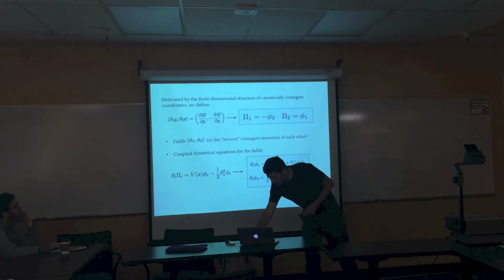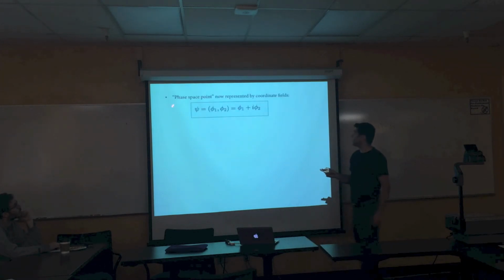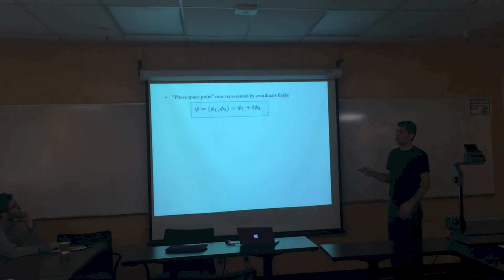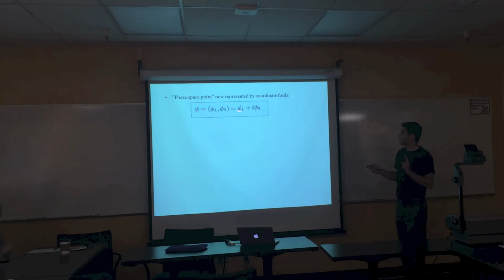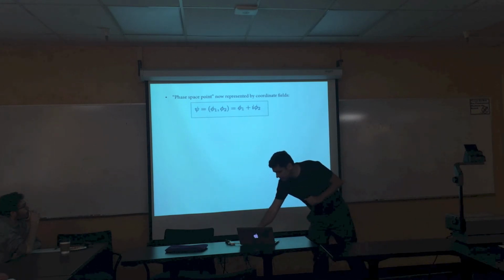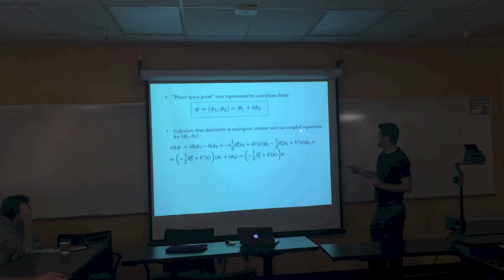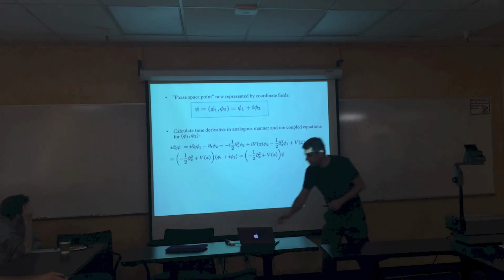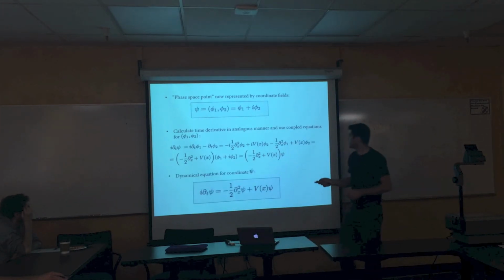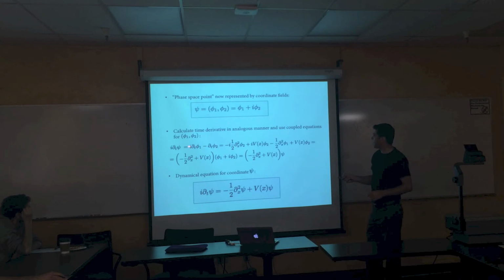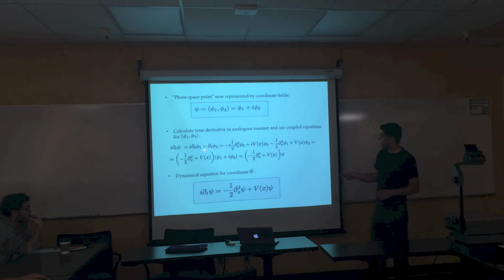So now I will do exactly the same thing. I will associate a single complex coordinate, which is phi 1 plus i phi 2, and calculate its time derivative, and then substitute the coupled equations. There is a factor of i multiplying the first, and you can check that this is just a simple algebraic expression.